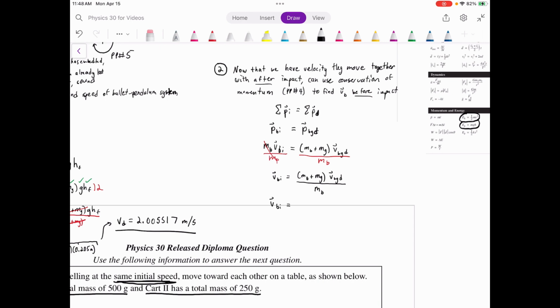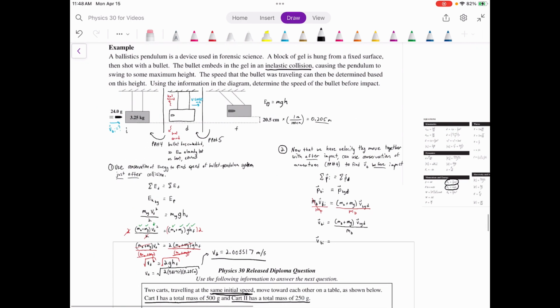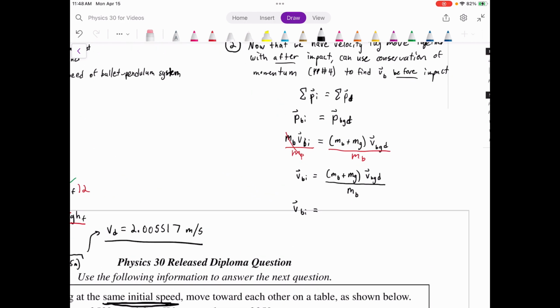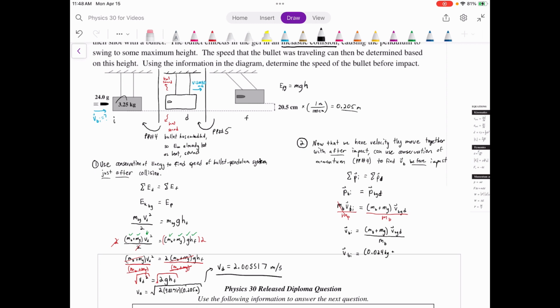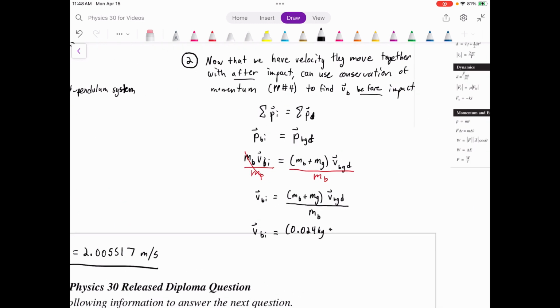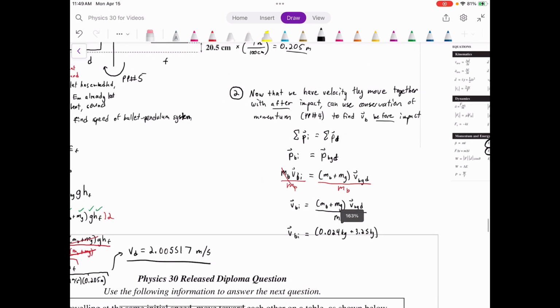So plugging in our numbers here, the mass of the bullet, be very careful, 24 grams, right? But we want kilograms. There are 1,000 grams in 1 kilogram, so dividing by 1,000, we get 0.024 kilograms. That's the mass of the bullet, plus the mass of the gel, which is 3.25 kilograms according to the diagram. So plus 3.25 kilograms times their combined velocity.